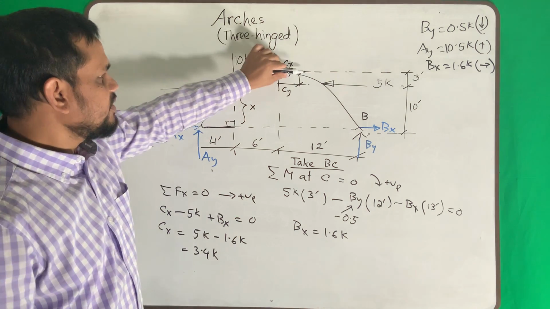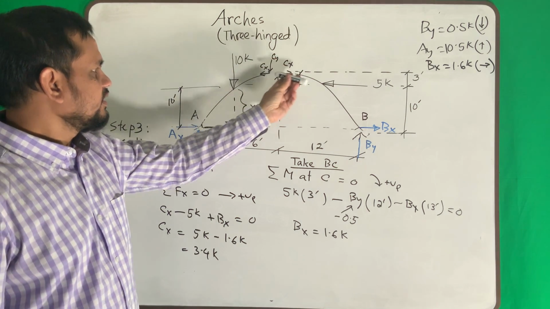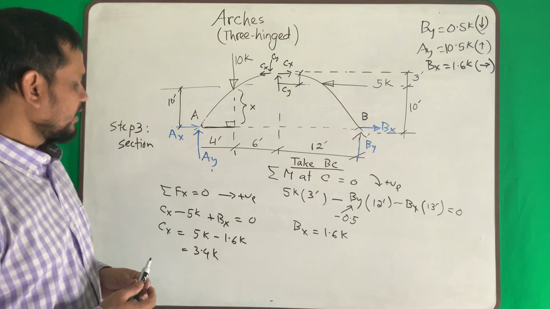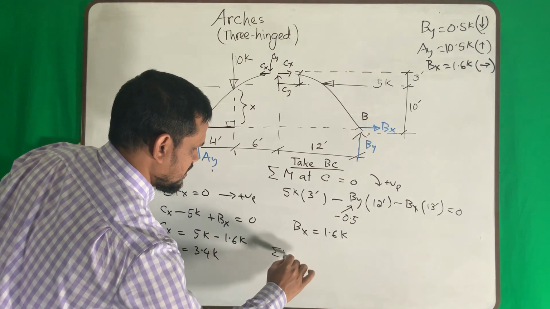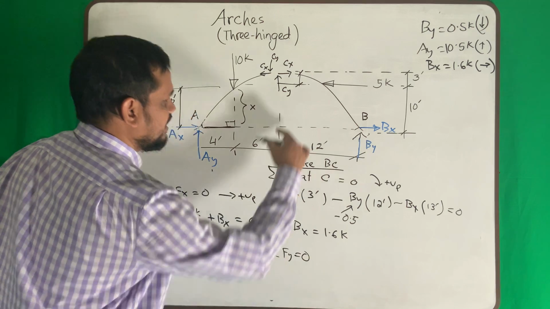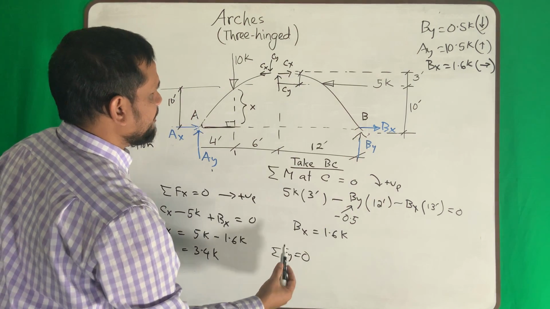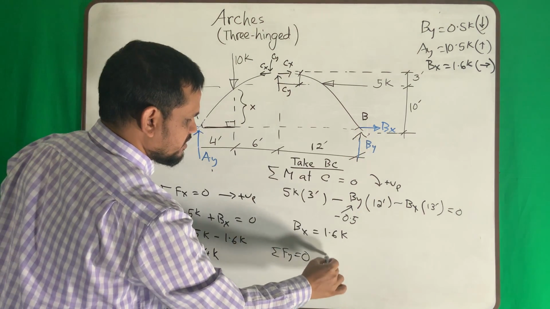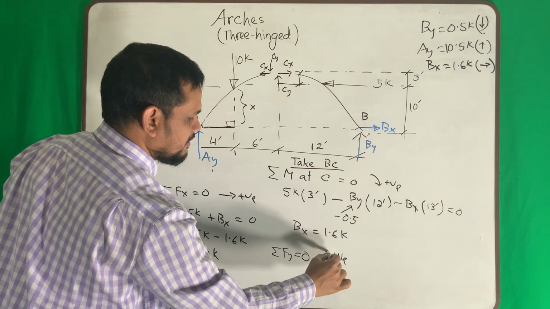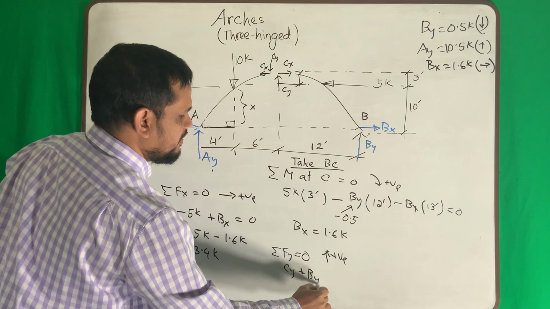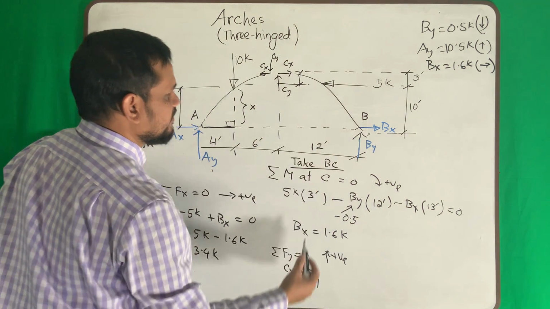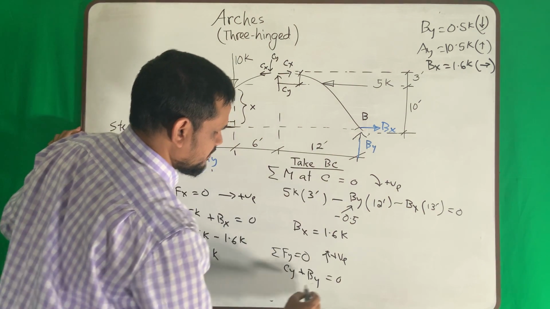Now Cx this way, whatever the value here, this value this way is same. Now if I apply summation of Fy again here, so upward, say consider upward positive. So Cy upward, By upward, no other force, so 0.